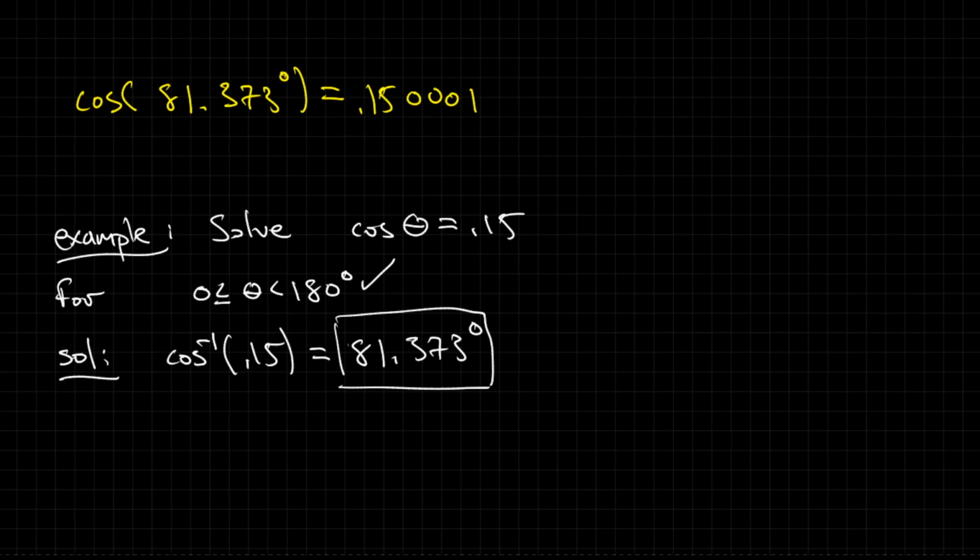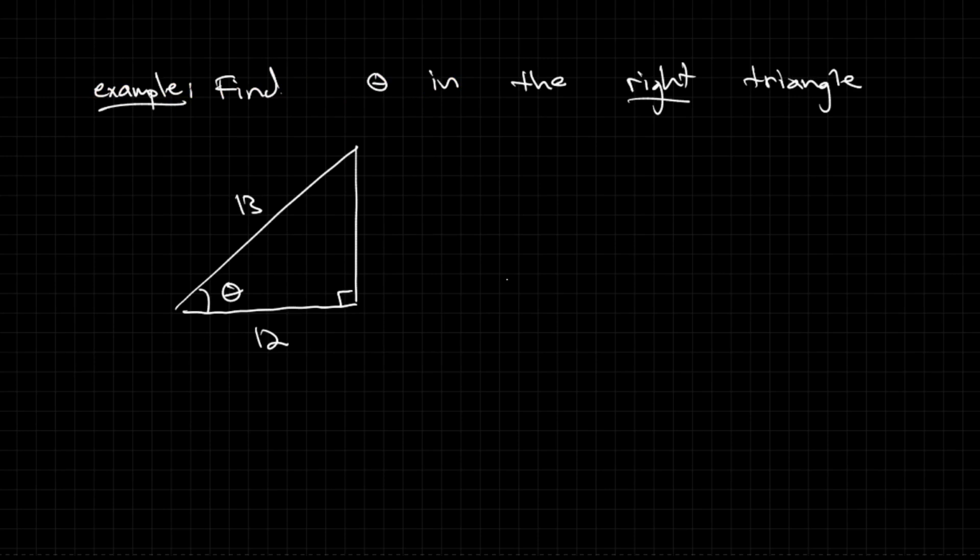Now let's use this fact to find angles in a right triangle. Notice that this is a right triangle with a right angle. Later we'll see how to adapt this solution so that we can find angles in triangles that are not right. But for now, we have this right triangle, and it's given that one side is 12 and the hypotenuse is 13. And I want to know what this angle is.